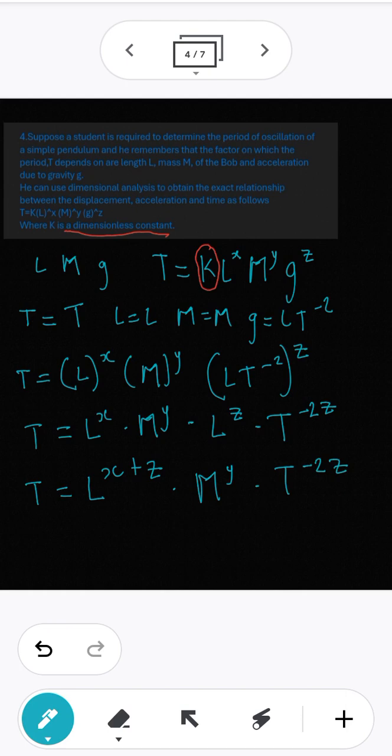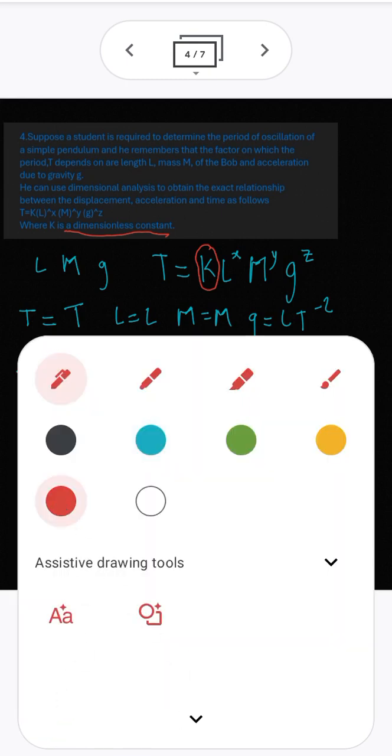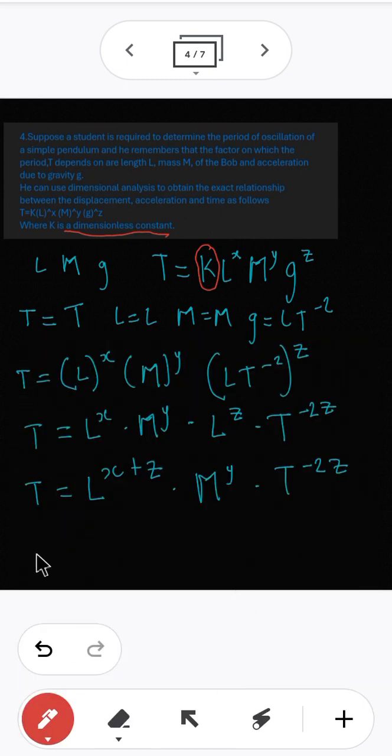So having this now, pay attention. There's something we are going to do now that might look a bit strange, but it's not strange, trust me. Now, from our previous discussions, we know that the three basic fundamental quantities are L, T, and M, right?